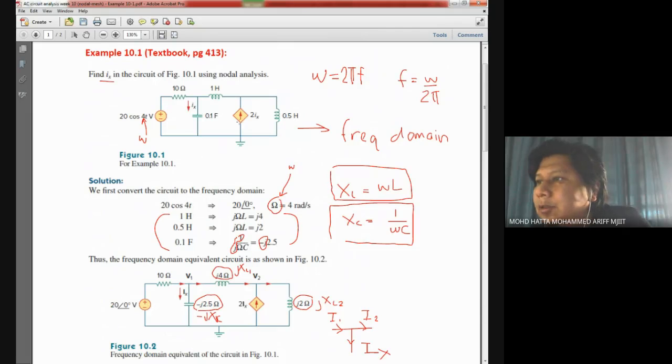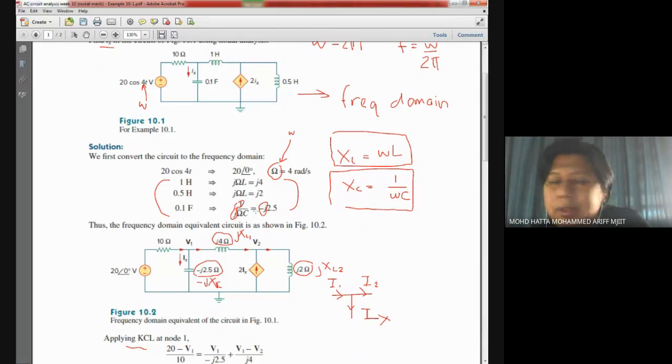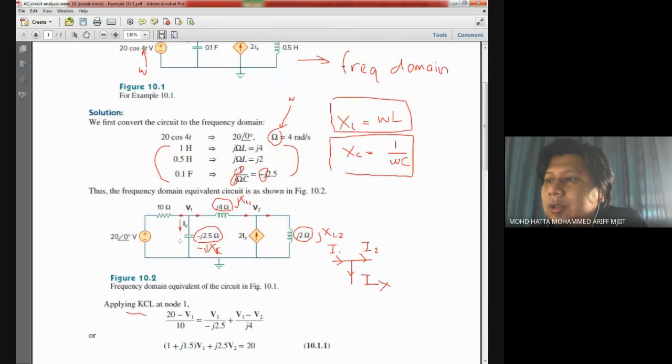Looking at the original question, current I1 and current I2 haven't been labeled yet, and you can label them yourself. In this solution, I1 and I2 are labeled based on this direction. If you would like to change the direction, you can also do that, but remember that you need to keep this direction throughout your analysis.